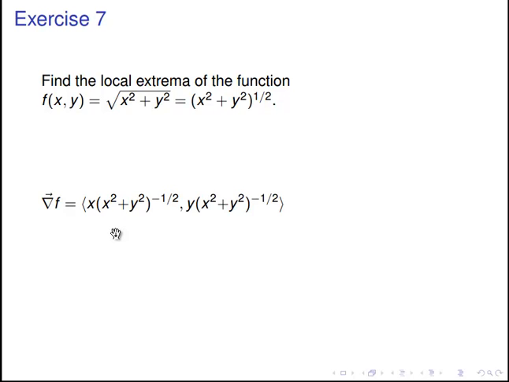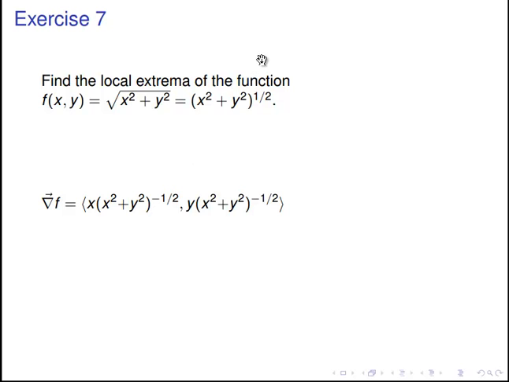Oh, we seem to be missing the 1/2s, don't we? Oh, no, we don't. We'll get 1/2 x squared plus y squared to the negative 1/2, but then we have to multiply by the derivative of the inside, which would be a 2x. So that 2 and the original 1/2 we had will cancel out. And so in the x direction we get x times x squared plus y squared to the negative 1/2 power.